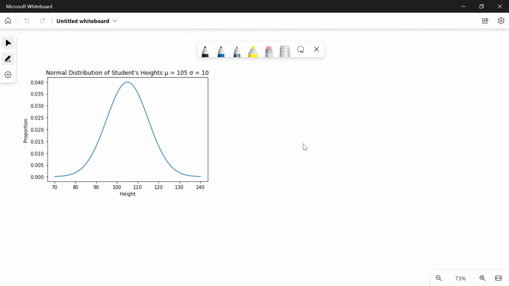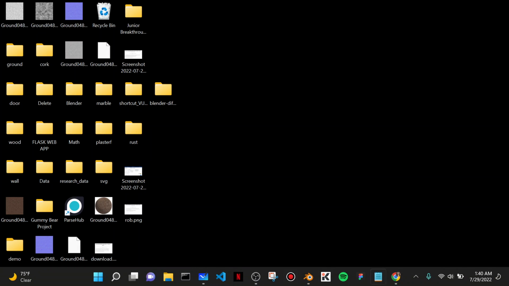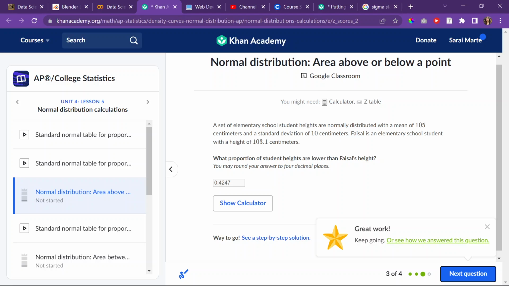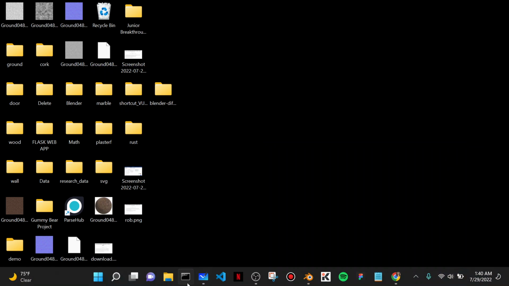All right, so in this case, the problem is asking us what proportion of students' heights are lower than that of, I literally forgot the name of the person. Why are the names in Khan Academy so hard to pronounce? Okay, let me go back. Faisal's height. So that's the question, right?